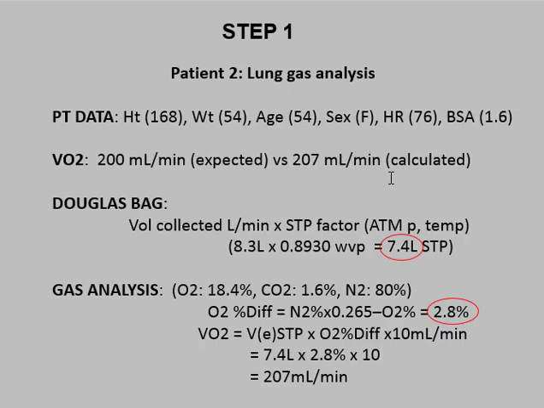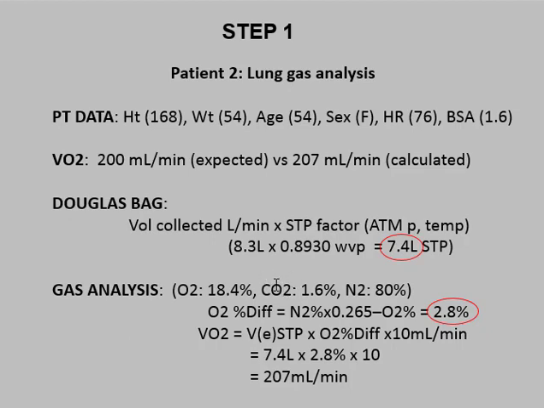To do it directly is an involved technique. We need to have that Douglas bag, and we need to have the patient breathe into that bag for 2 to 3 minutes, and then we need to correct that exhale gas, which is saturated with water vapor from the lungs. We need to convert it to standard temperature and pressure.